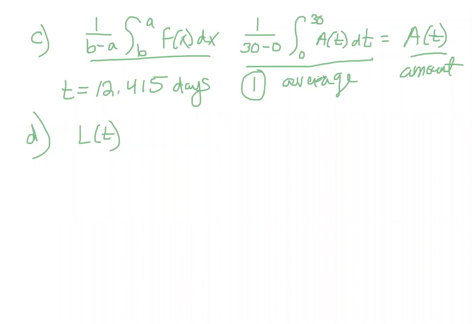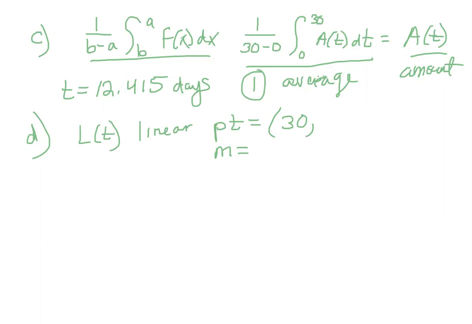All right, so we've got to find L of t. This is linear, which means it's a line, which means we need a point and we need a slope. So our point is going to be t equals 30, because they told us that the linear approximation at t equals 30.